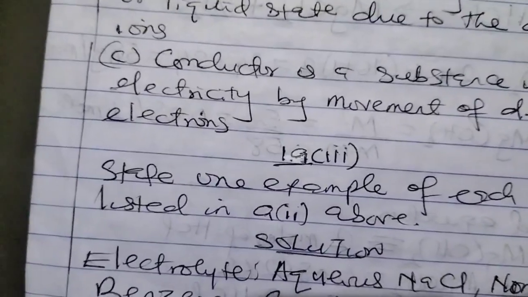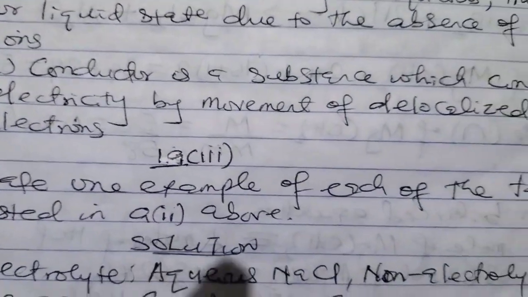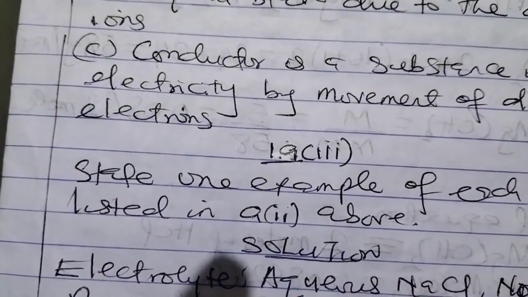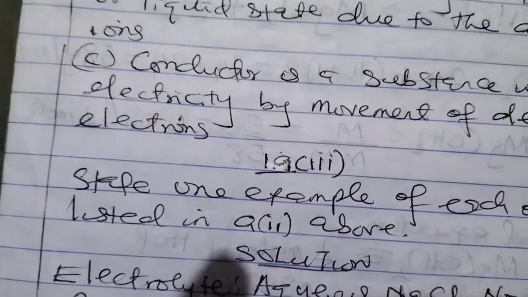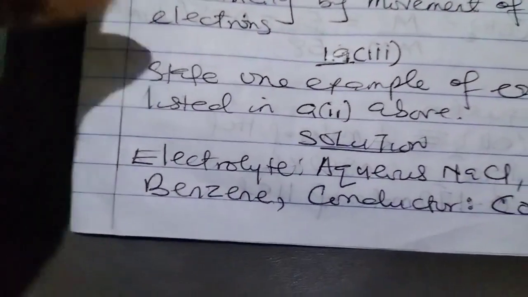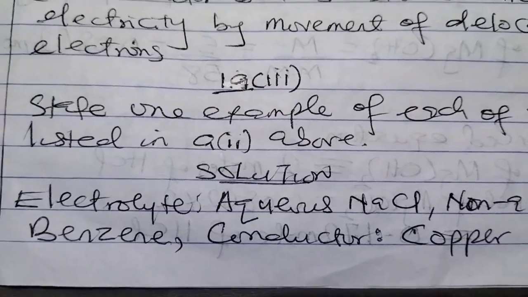Then 1C. State one example of each of the terms listed in 1B above. So we have to give an example of electrolyte, non-electrolyte, and conductor. Solution: electrolyte example is aqueous sodium chloride. So the word aqueous must be mentioned.